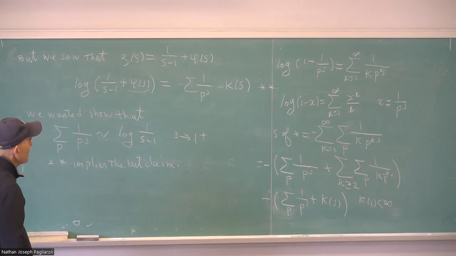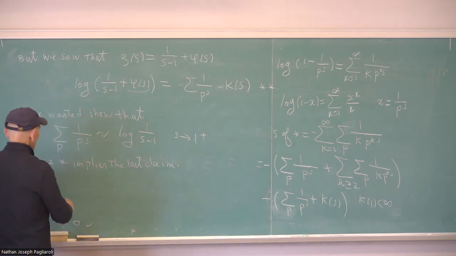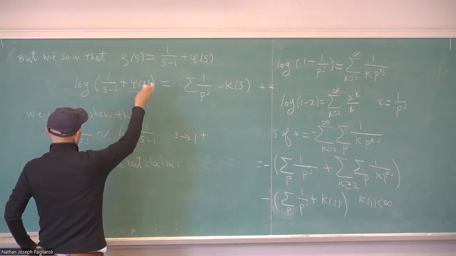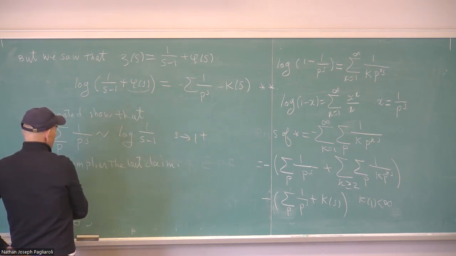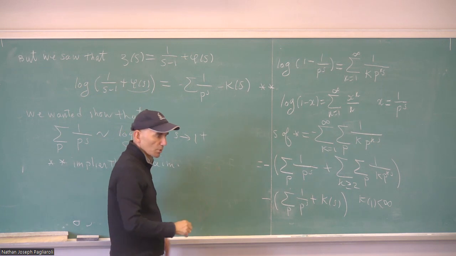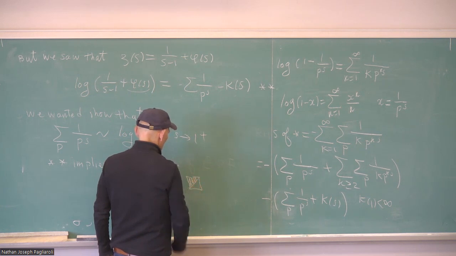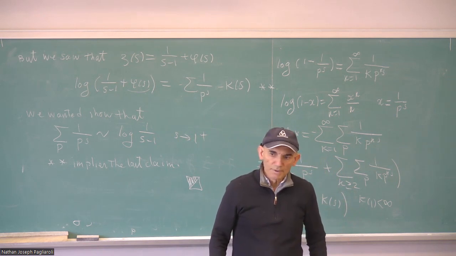There's a minus sign here, so I have a mistake somewhere with this sign. I would rather have this be log of 1 over s minus 1, because this phi is holomorphic, so really it does not contribute. Right. So let's also think about it in the break, the two statements.